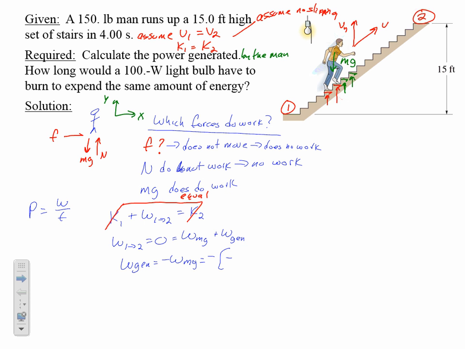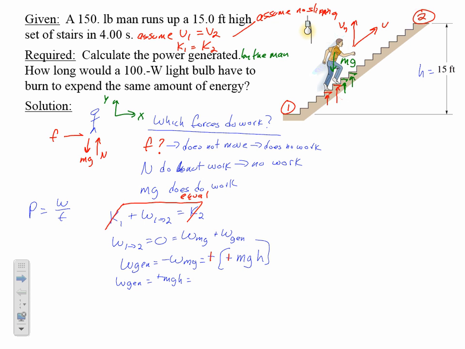So we get another negative term here. So it's going to be negative the force, which is mg, times the distance, which is going to be this height. I'm going to say this height h here is 15 feet. So these negative signs will cancel. And so we're going to get that our work generated by the man is going to be positive mgh.